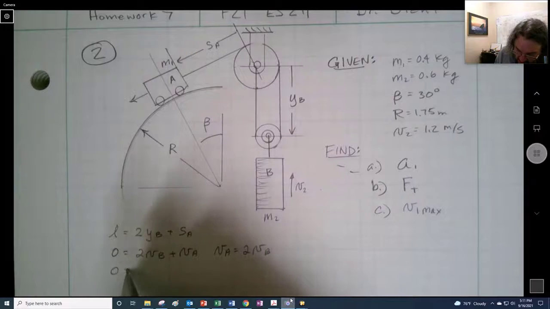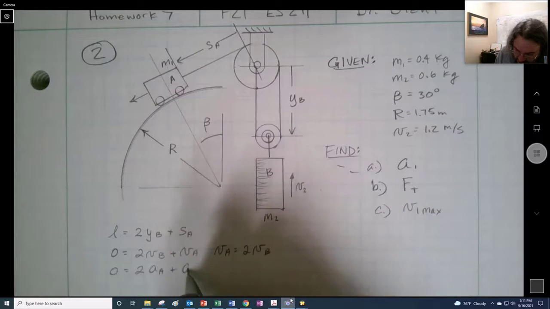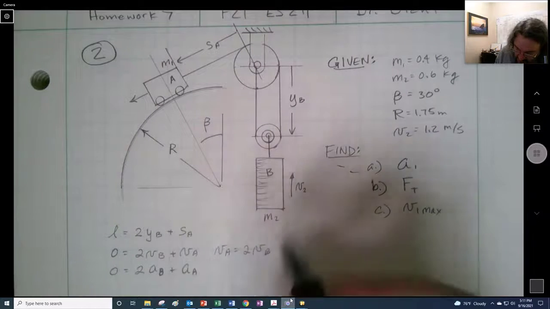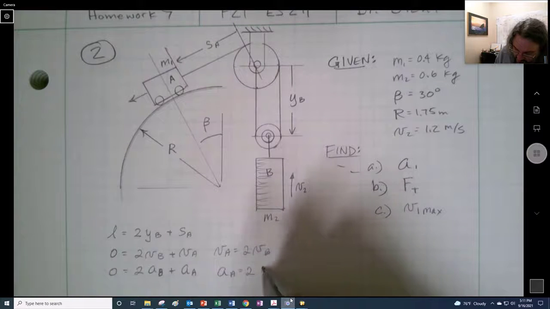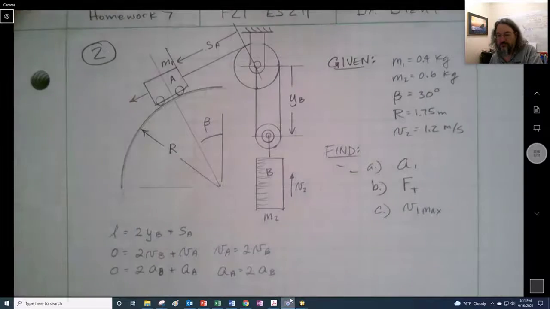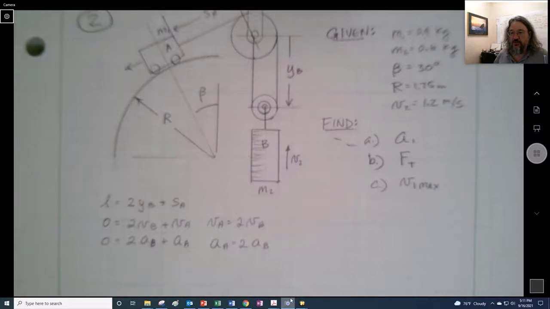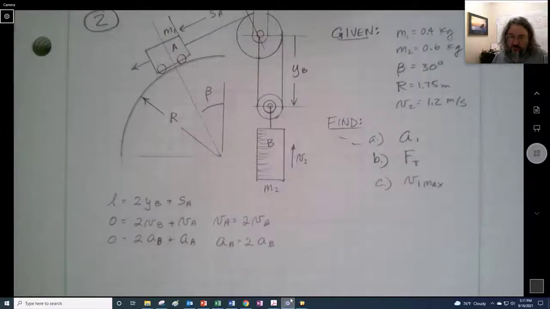And then to acceleration, that was supposed to be B, there you go, and the A. So we have the acceleration of A is equal to 2 times the acceleration of B. Alright, just get that out of the way. So there's a kinematic relationship. Even though we're doing kinetics, we still need to know kinematic stuff. Can't get away from it.